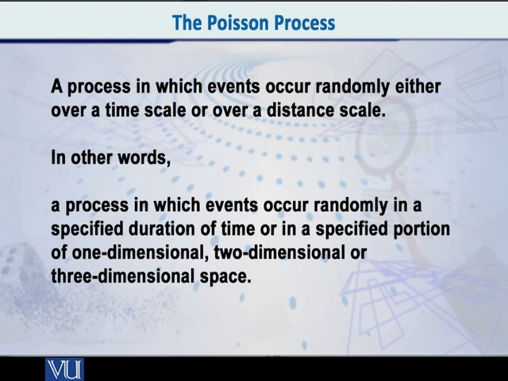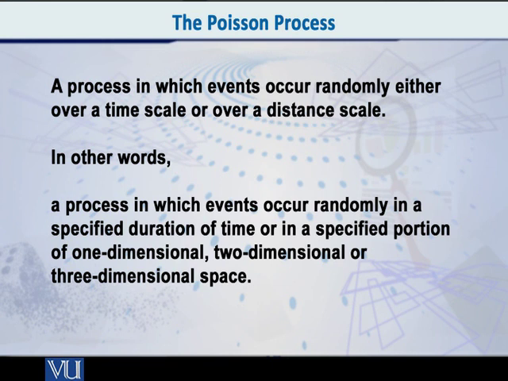There's another kind of Poisson process also, and that is when events are occurring randomly over a distance scale, we can say, or over a one-dimensional, two-dimensional, or three-dimensional space. Before I give you an example of this one, let me give you one more example of that kind of Poisson process where the events are happening randomly, not over a distance scale, but over a time scale.